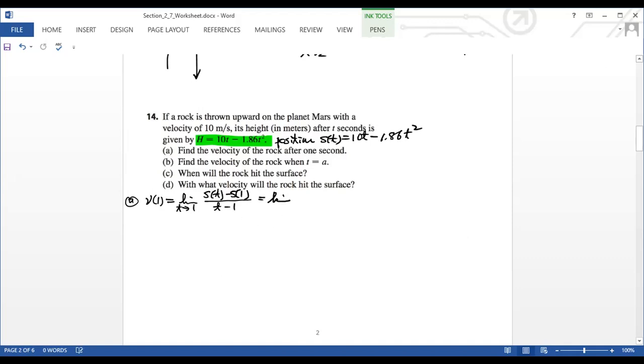This is over t minus 1, and the position function is 10t minus 1.86t squared.